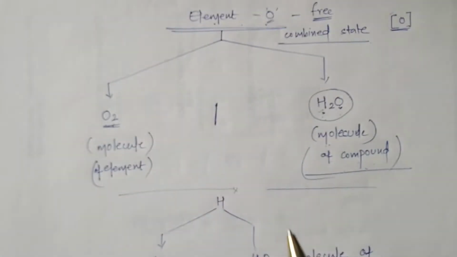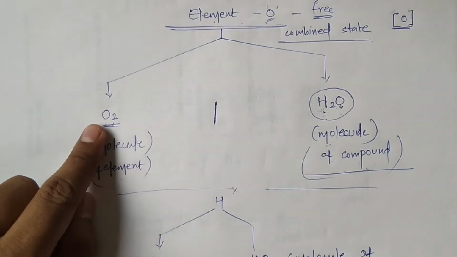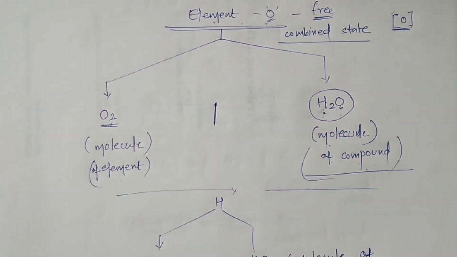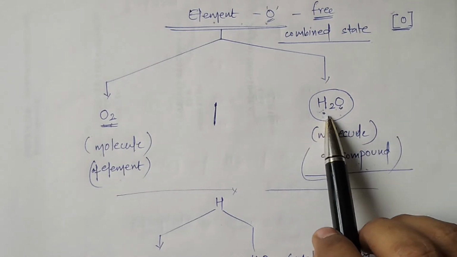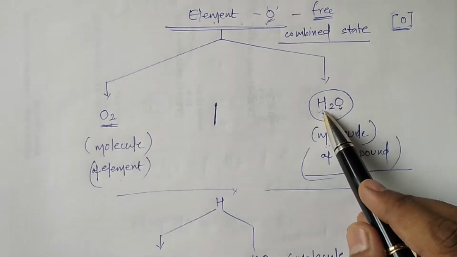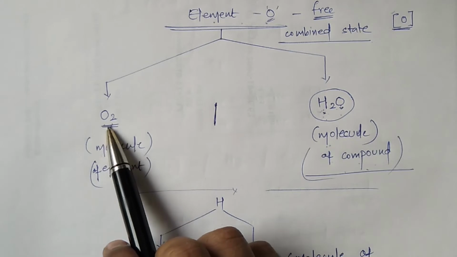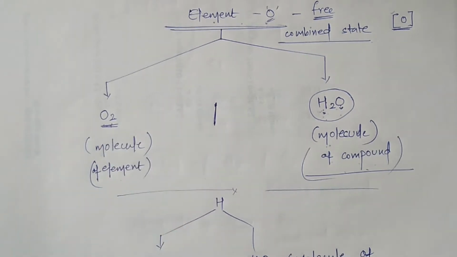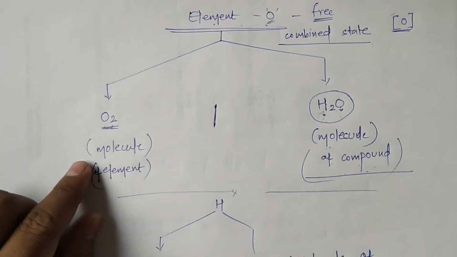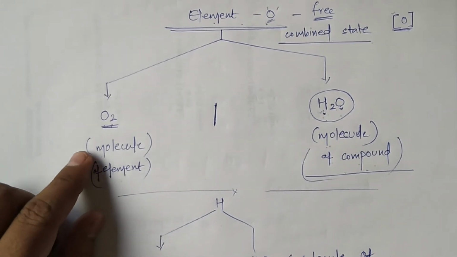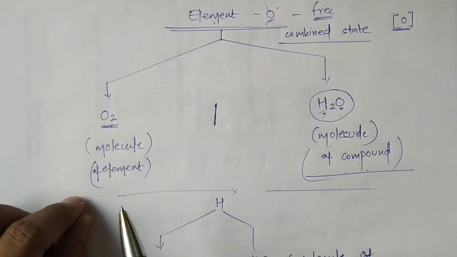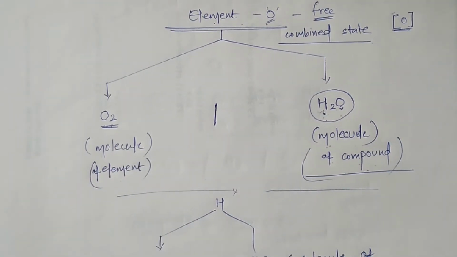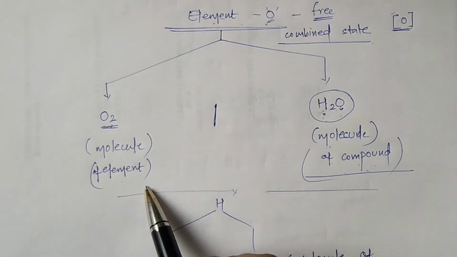In combined state, it can combine with the atom of the same element, or with the atom of another element like hydrogen. If it combines with the atom of the same element, oxygen, it forms O2. So the combination of atoms produces the molecule. This O2 is called a molecule of element, because it is formed of two atoms of the same element.